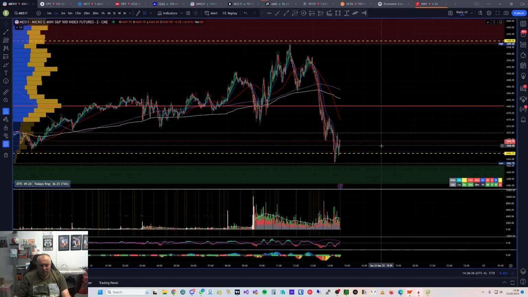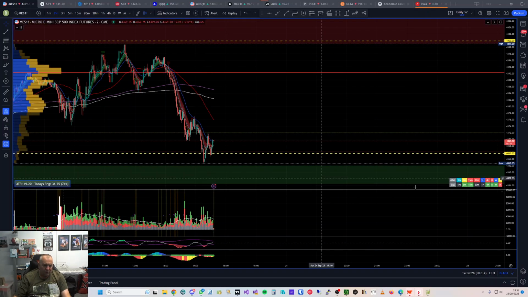So what are we looking like here? Although we have put in a low, and look at it coming to that demand zone, and these levels are still pretty valid even though they're a few days old now. So we touched that zone, which if I was still trading, I would have taken a starter entry at that zone, and then we came back.